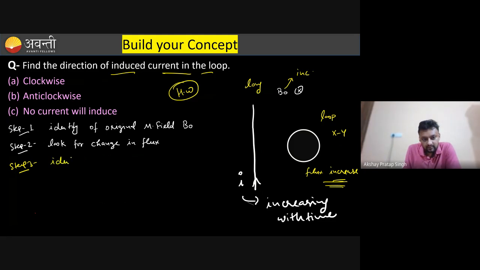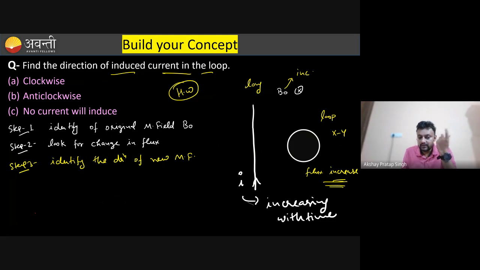Identify the direction of the new magnetic field, or you can say the induced magnetic field. Actually, the magnetic field is not induced, the current is going to be induced, and that current will create some magnetic field. So I am saying new magnetic field.